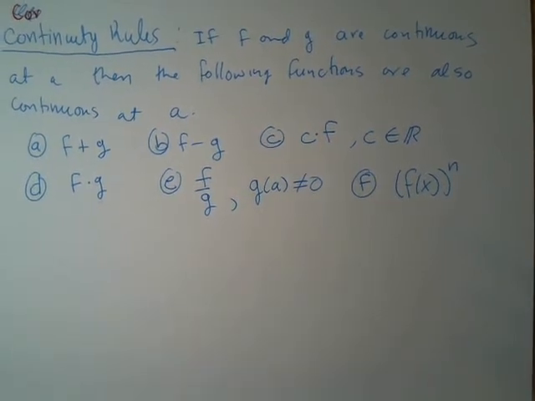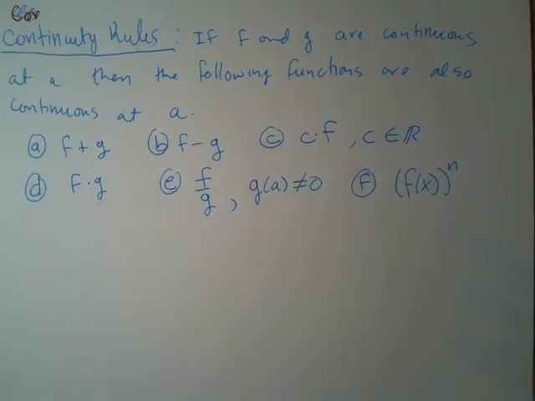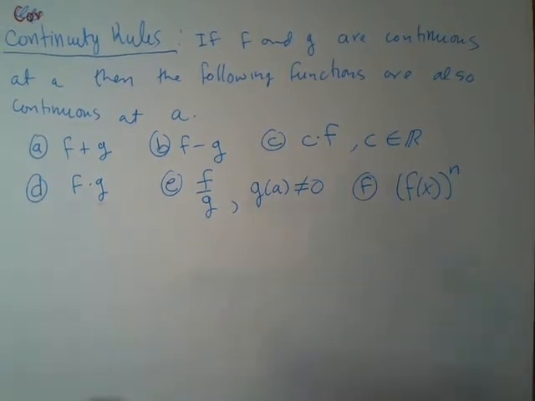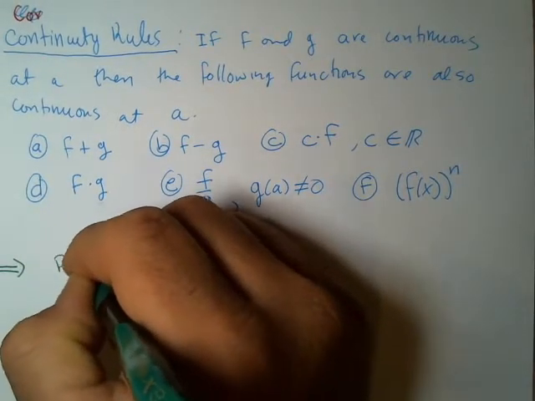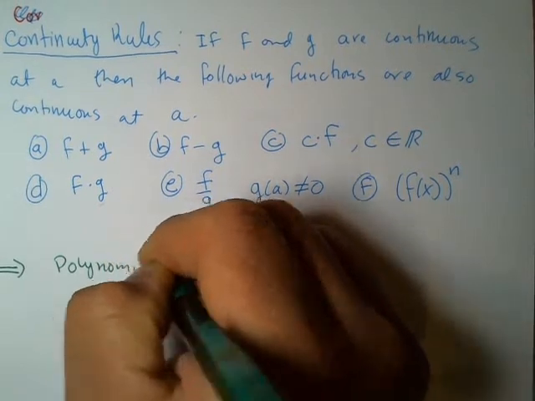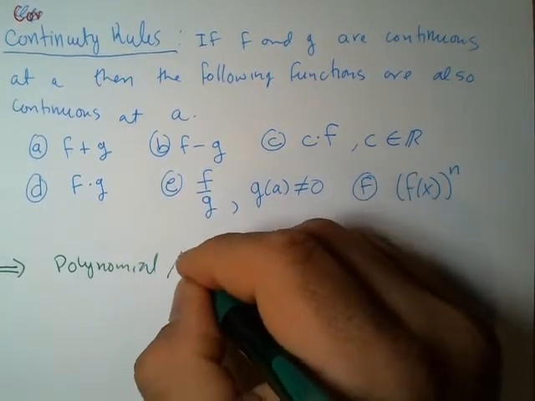Okay. All right. So knowing that, that means that we can use these continuity rules to have this whole family of functions that we are just going to assume are continuous. So the first family here is polynomial and rational functions.